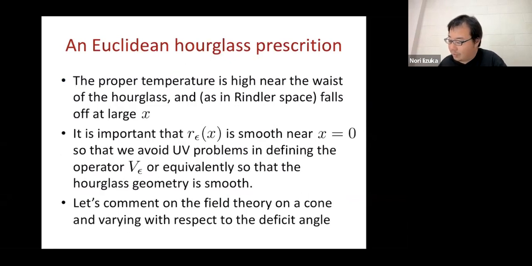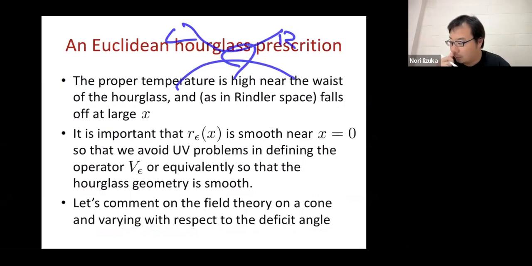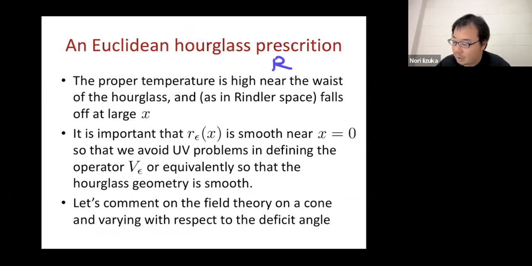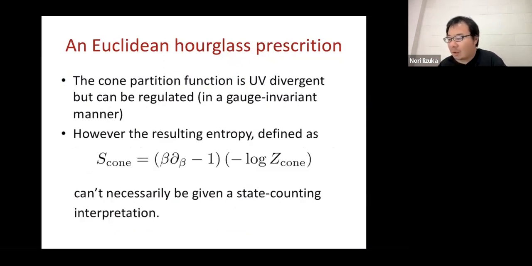Let's comment on the field theory on a cone and varying with respect to the deficit angle. Here I have left and right attached like a wormhole. But usually what we do is have a cone with a deficit angle, and then we regulate. That's the usual prescription. The cone prescription has a UV divergence, but that can be regulated, that's not the issue.